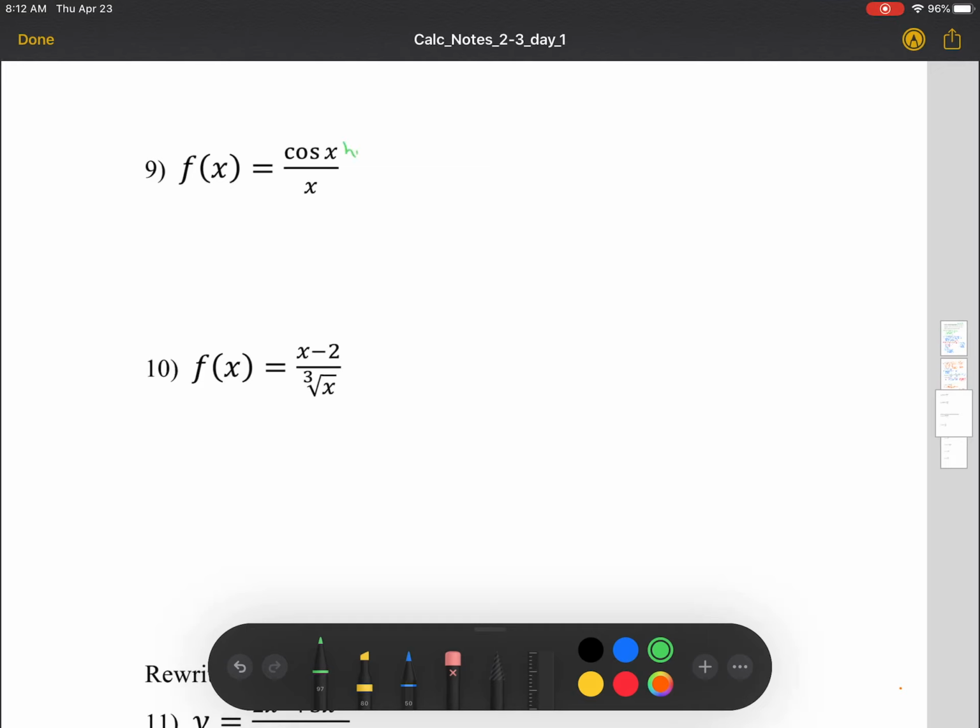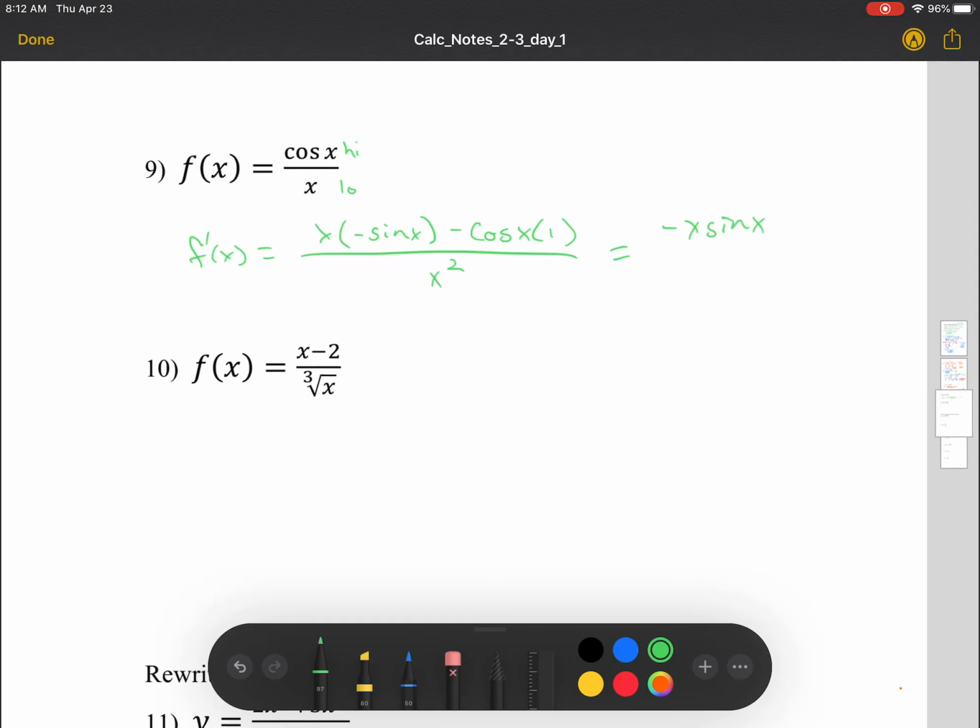Okay, looking at 9. We have cosine of x over x. So we got our high, we got our low. So we're going to have our f prime of x equals x times negative sine of x minus cosine of x times 1 all over x squared.